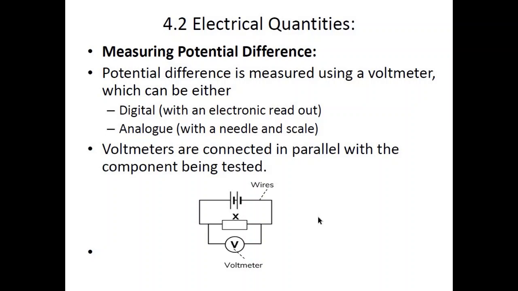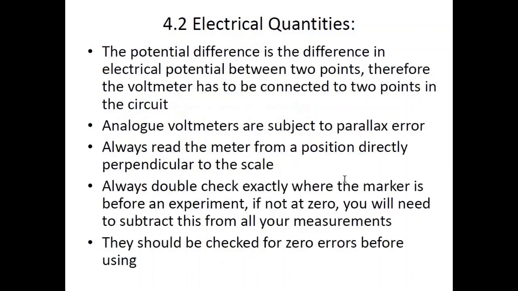Voltmeters are of 2 types, digital or analog, and they should always be connected in parallel with other objects. The potential difference is the difference in electrical potential between 2 points. Therefore, the voltmeter has to be connected in parallel to those 2 points.